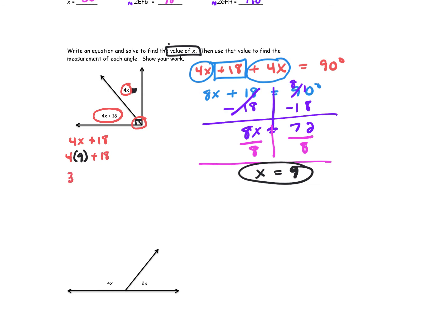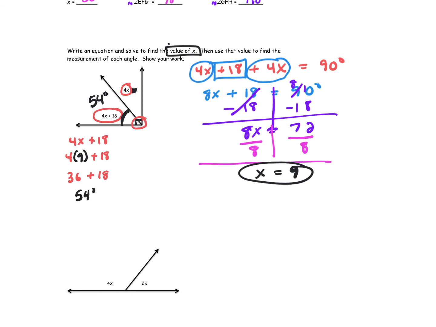So we have 36 plus 18, and that's 54. So we know that this angle is 54 degrees. And from that, you can probably tell me what you think the other angle is based on the fact that they're complementary. So go ahead and write a guess for a minute.